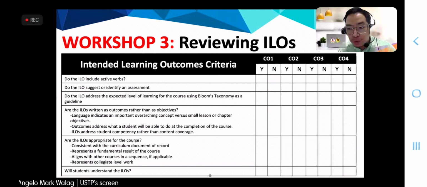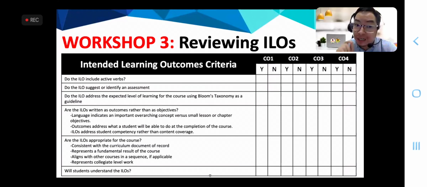When I'm checking ILOs, I find, for example, "we'll be able to discuss the three laws of motion."